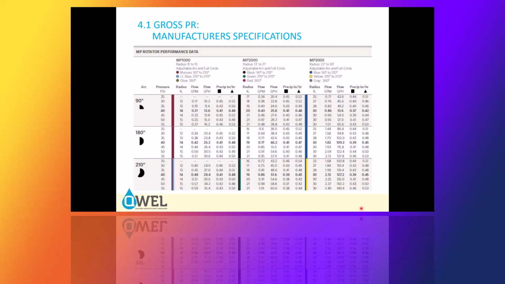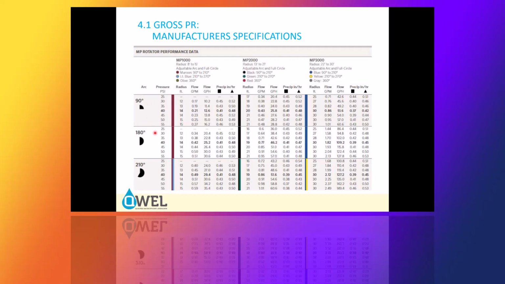Going back to this chart that we saw in section 5, this shows an example of performance specifications for overhead emission devices. This is the Hunter MP Rotator. So here's MP 1000, MP 2000, MP 3000. The flow rate and precipitation rate vary by the radius of throw and the static water pressure.